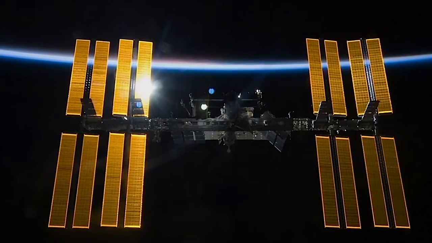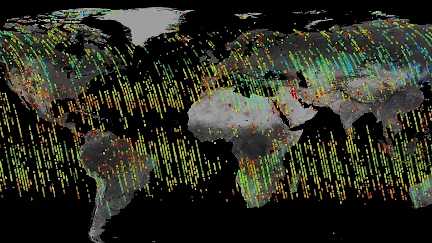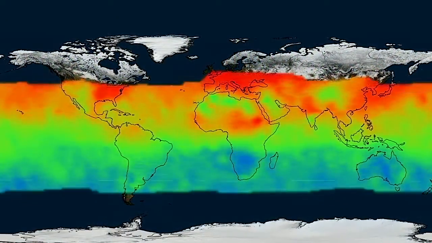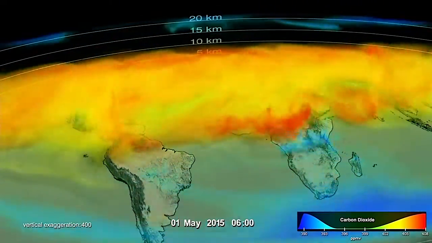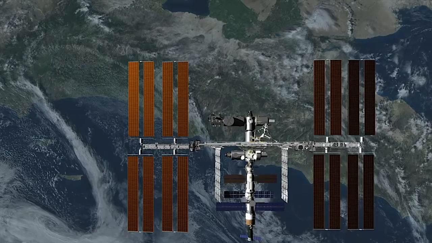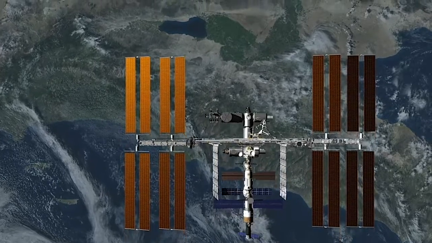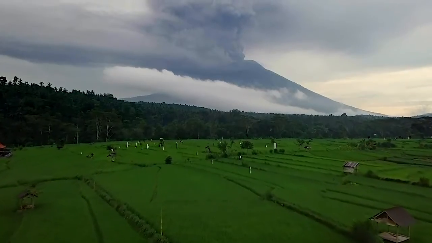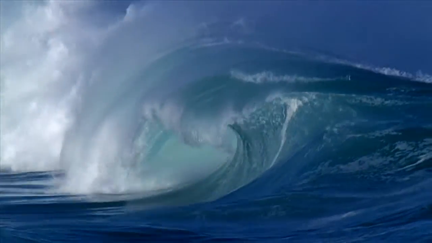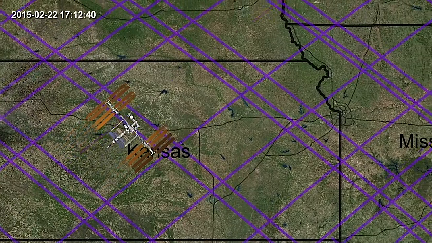So OCO3 goes on the space station in the spring. We'd like to have measurements that cover a long duration, and OCO3 is going to help add to that record. OCO3 is going to specifically produce a data set of carbon dioxide measurements. We'd like to be able to keep an eye on this atmospheric CO2. Where did it come from? Where is it going? And how is it related to other global processes?